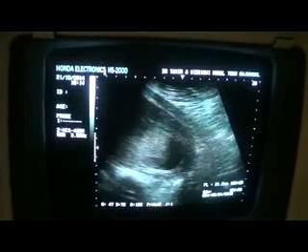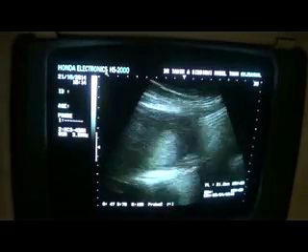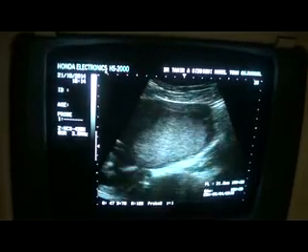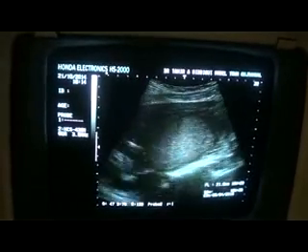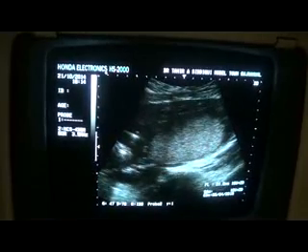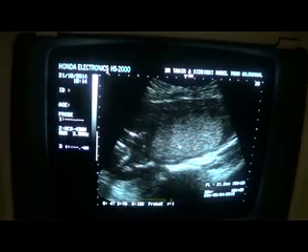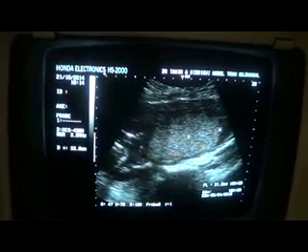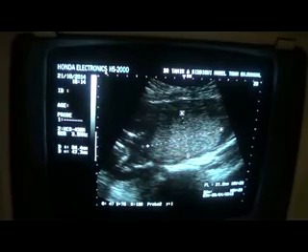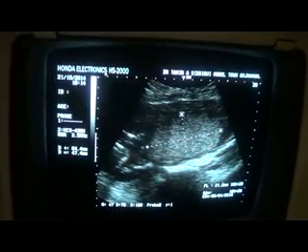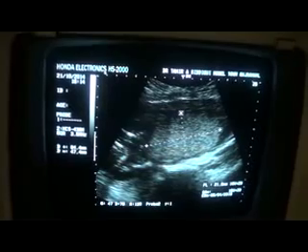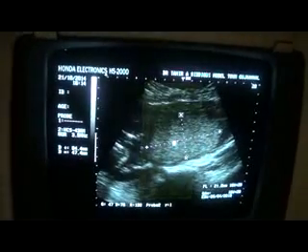Now when I come down here, I do see a globular shaped placenta. This is the placenta. This one. And the placenta measures 8.5 by 4.7 centimeters.